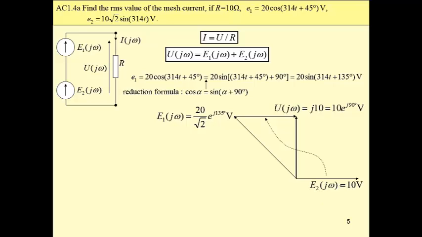So we move this phasor to this position, head to tail connection, to obtain a total voltage, which is 10 e^j90 degrees. It means its root mean square value is 10 volt.